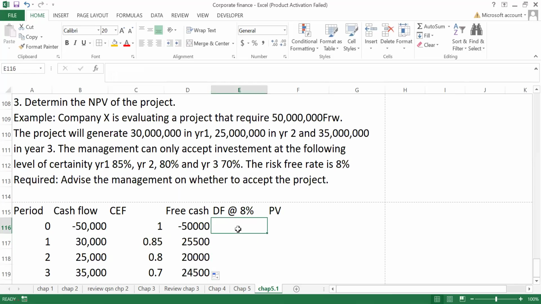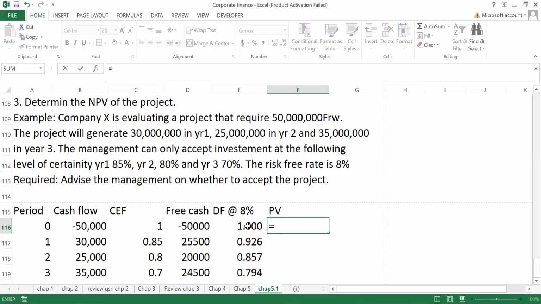Now I can discount using the discounting factor, which is 1 plus 0.08 to the power of minus the period. So our present value is the free cash flows times the discounting factor.